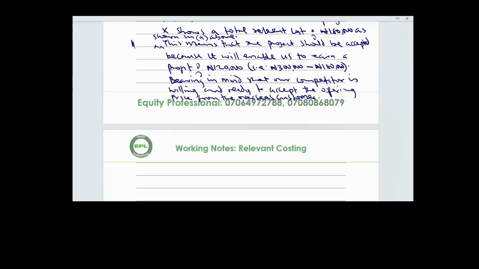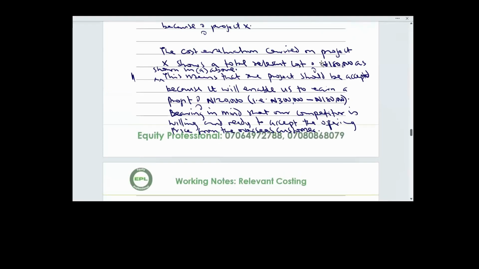Remember in the question, that's what the examiner mentioned to you: the overseas customer is prepared to pay up to a maximum of 300,000 naira for the project, and a competitor is prepared to accept the order at the price.